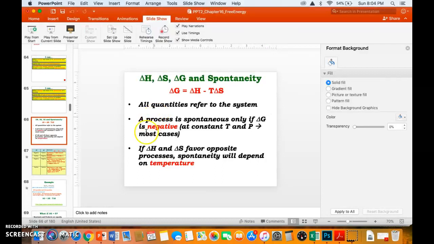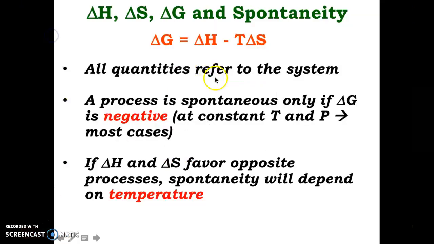What was our last one? What if delta H is negative, which supports a spontaneous reaction, and delta S is negative? We want delta G to be negative for this reaction to be spontaneous.